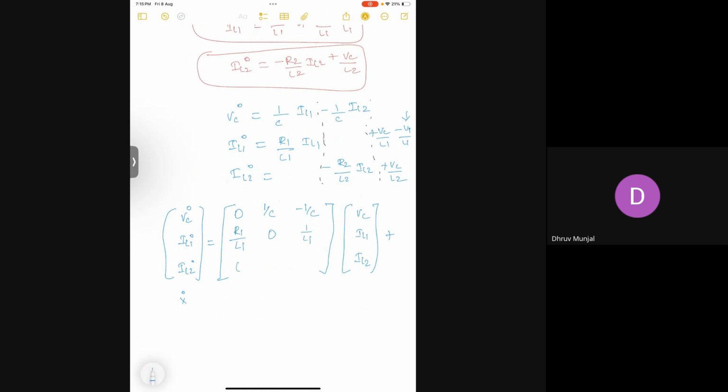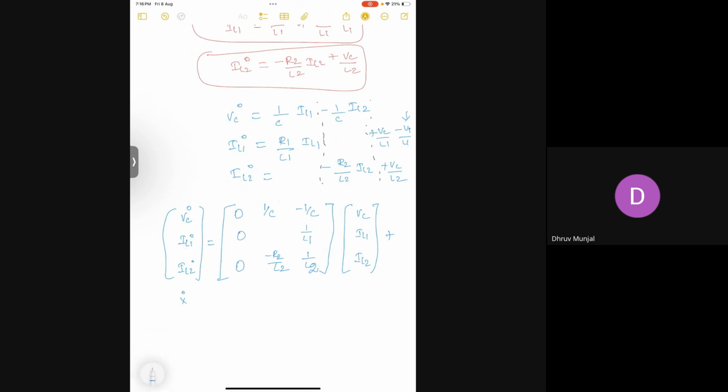For IL2, there is no IL1 term, minus R2 by L2. Ma'am, in the second one, 0 will come first and R1 by L1 will come after that, because IL1 is the second state, right? Yeah, correct.